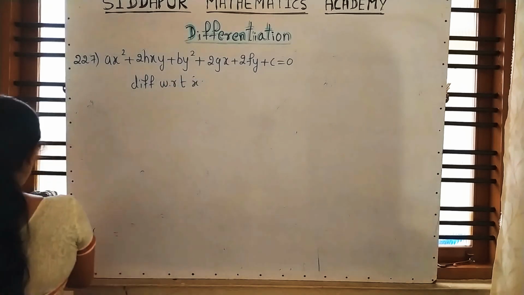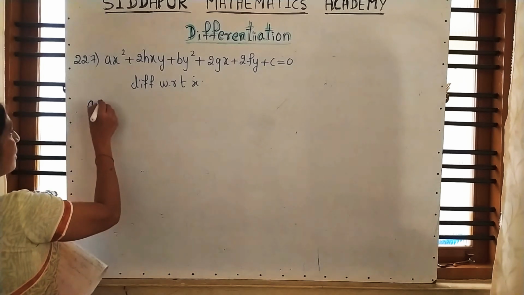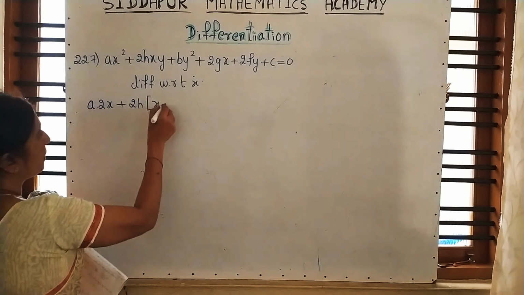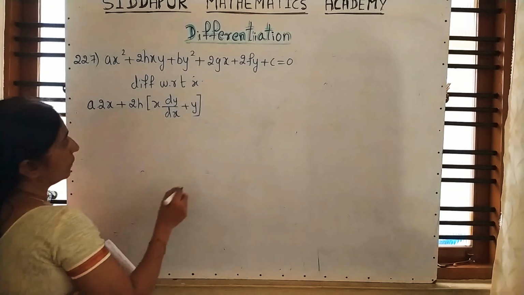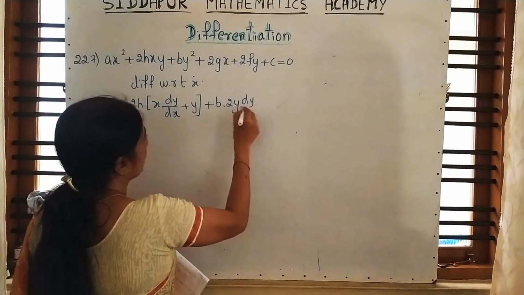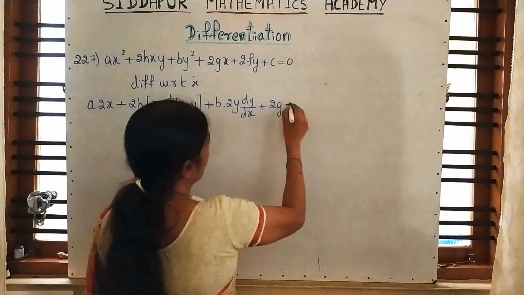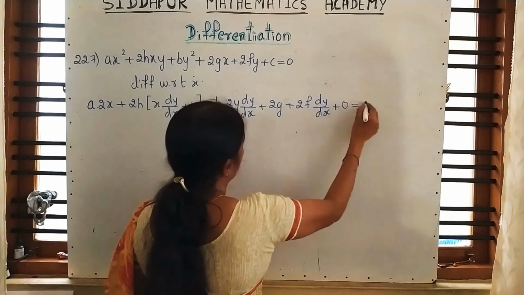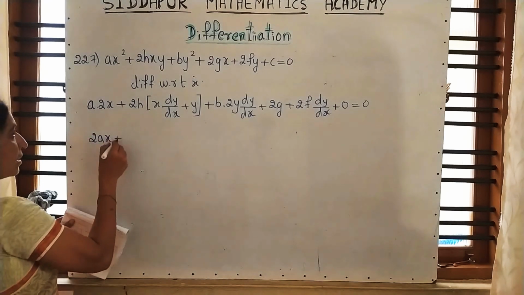Here only x and y we have to take as the variables. a constant, differentiation of x² is 2x. 2h constant, u into v: x into dy/dx plus y into differentiation of x is 1, plus b, differentiation of y² is 2y dy/dx, plus 2g, differentiation of x is 1, 2f, differentiation of y is dy/dx, equal to 0. c is a constant. 2ax.